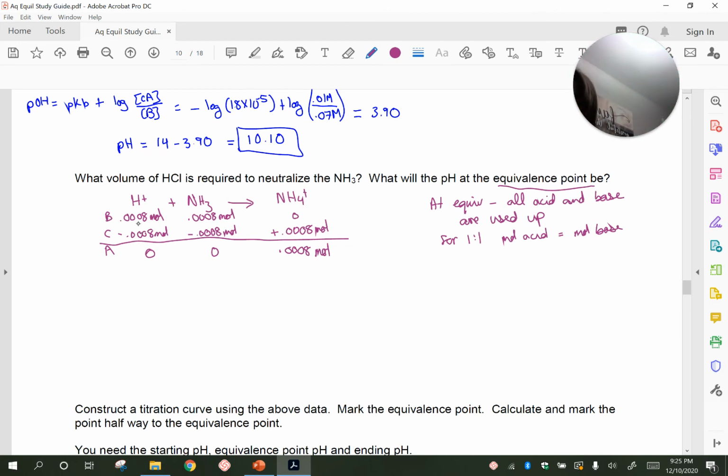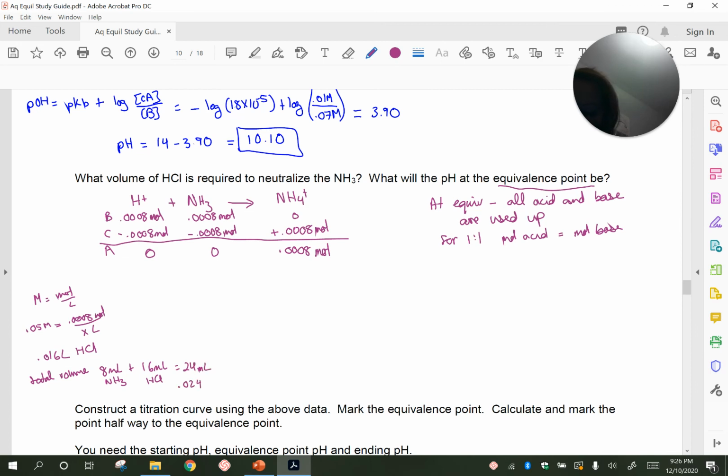So you can use the molarity equation, and so it is 0.05 molar is equal to 0.0008 moles over X liters. If you solve for this, you get 16 milliliters or 0.016 liters of HCl. And so my total volume would be 8 milliliters of the ammonia plus 16 milliliters of the HCl, so that's 24 mL, which is 0.024 liters.